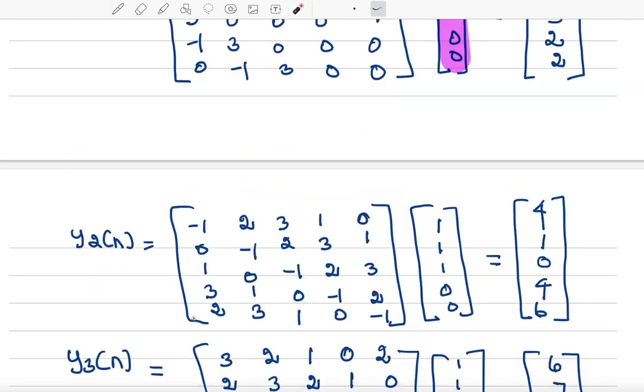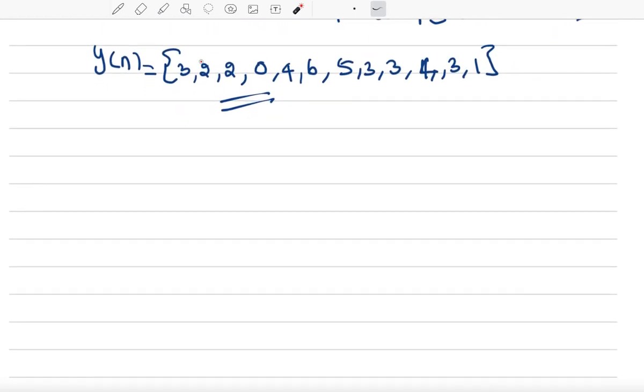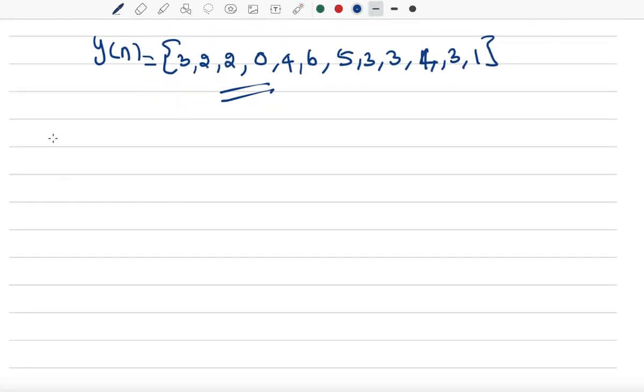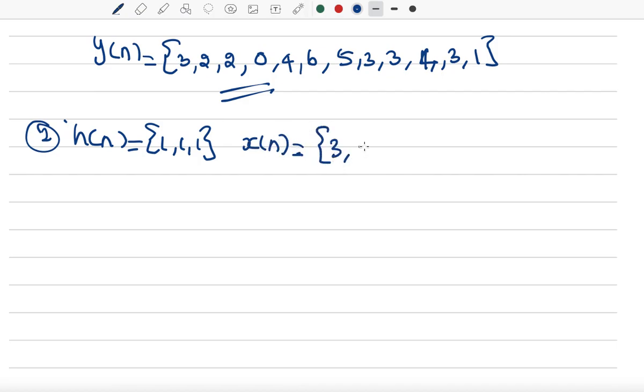The same problem we can do, having h of n equal to 1 1 1 and x of n equal to 3 minus 1 0 1 3 2 0 1 2 1. The same problem here.